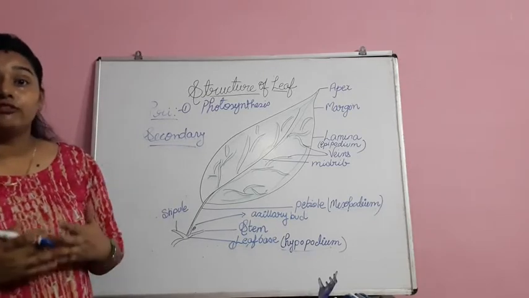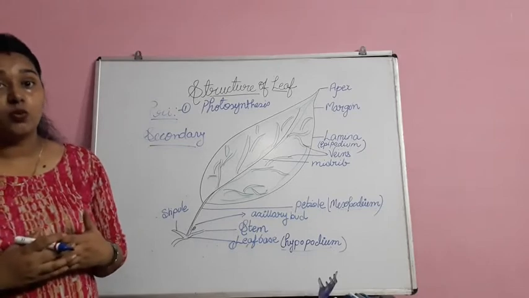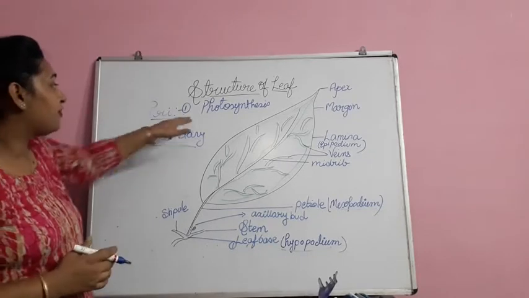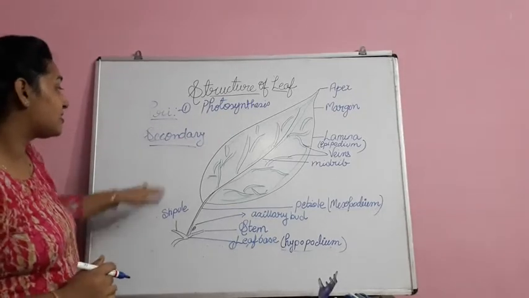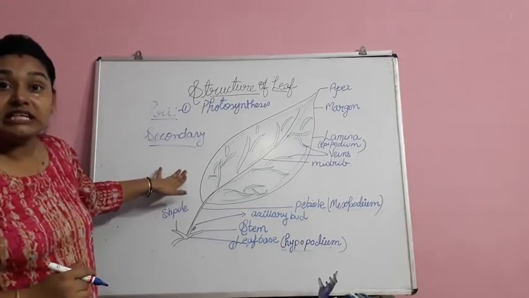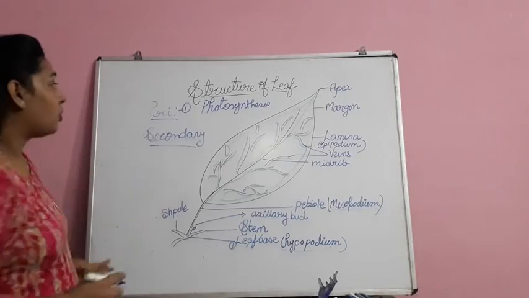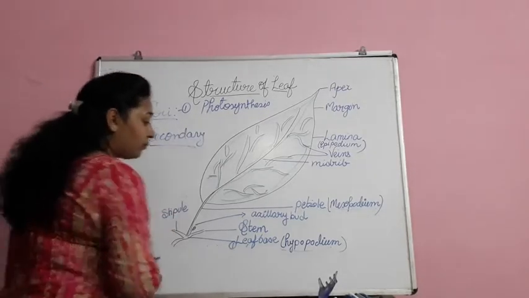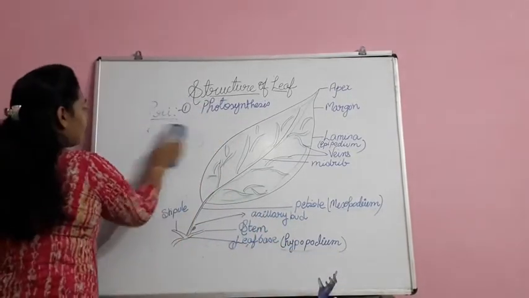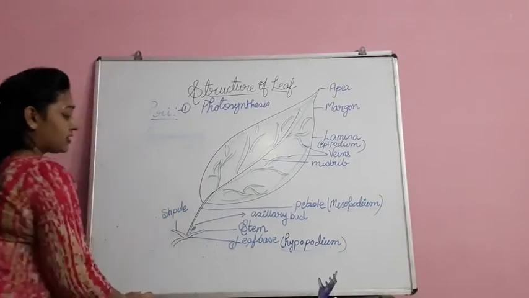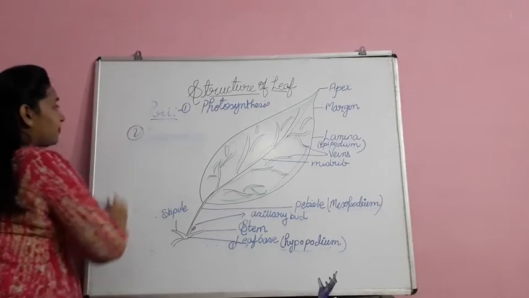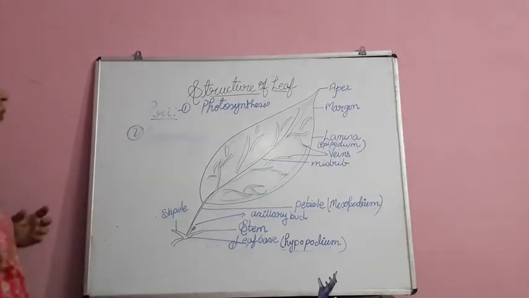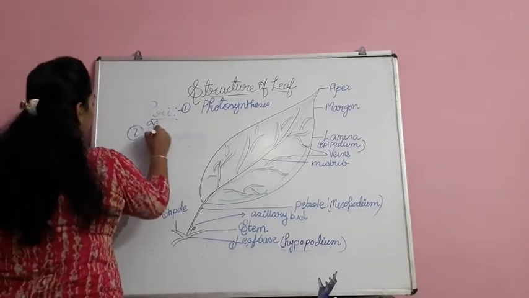For that purpose energy is required, and energy comes from photosynthesis. This photosynthesis is done because of these leaves. So the leaves play a very important role here, doing the work of photosynthesis. After this photosynthesis, they also do the work of transpiration.